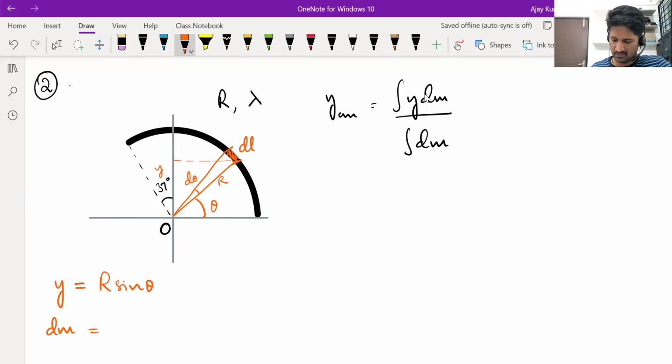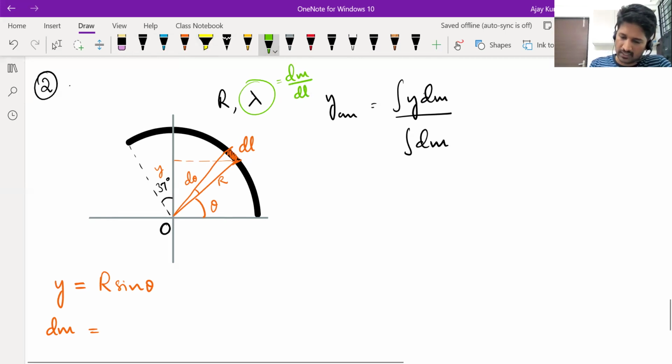Lambda d theta. dm is not lambda d theta. Okay. Listen, I'm telling this to all of you. Lambda is linear mass density, meaning mass by length. So dm will be lambda into dl only, the length of the element.